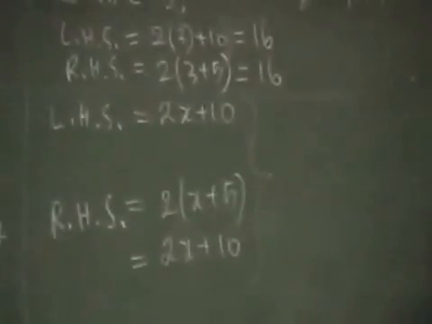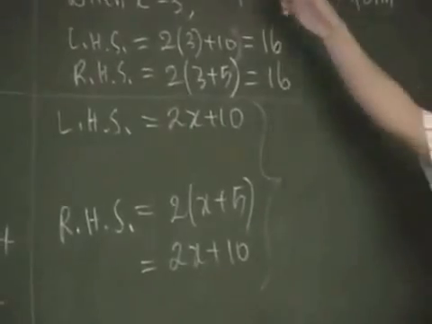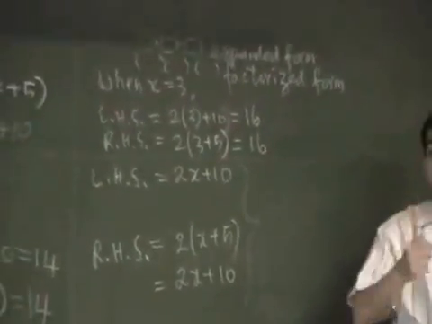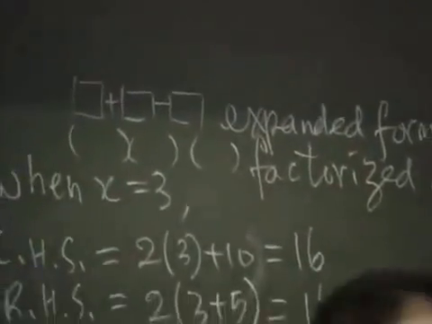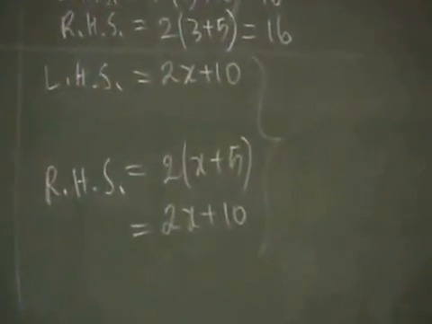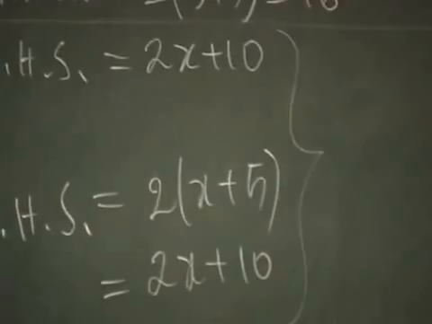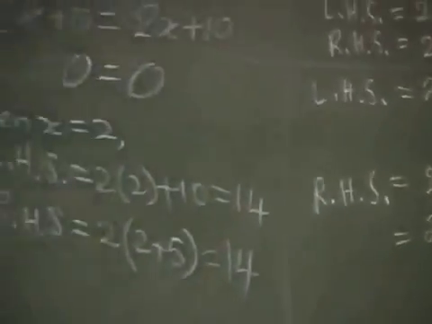We change the left-hand side or right-hand side to expanded form and then compare each term. When all the terms are the same, then we say that it is an identity. But if there are some different terms, then we will not say that it is an identity. Then it will be a normal equation only. Okay? Alright, I'll give you some examples.